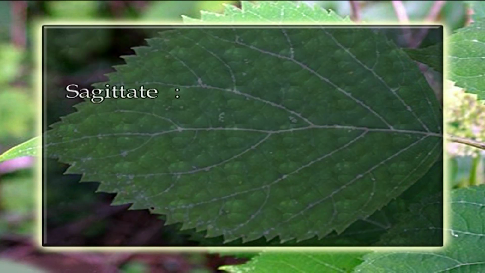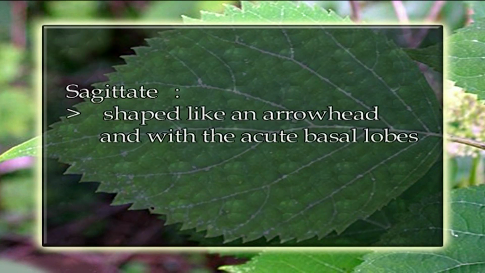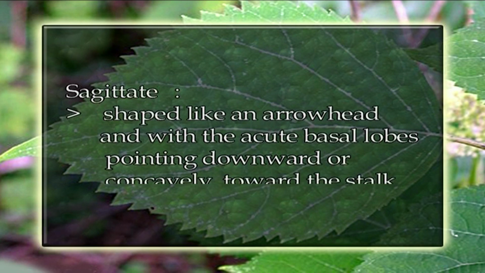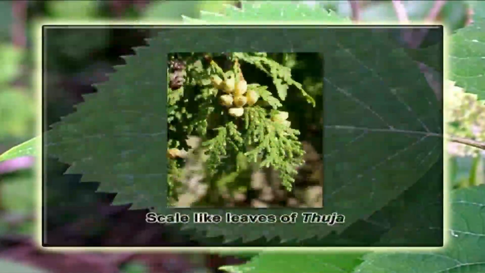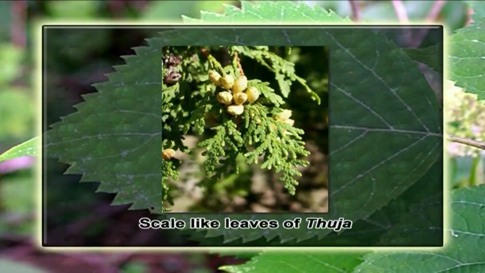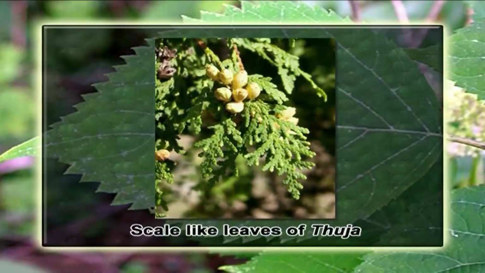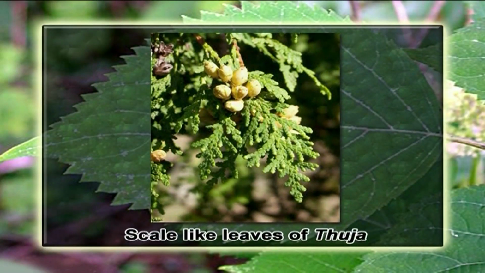Then sagittate, shaped like an arrowhead and with the acute basal lobes pointing downwards or concavely towards the stalk, for example, Sagittaria latifolia. Then scale-like, leaves overlap alternating down the stems, for example, Thuja occidentalis.